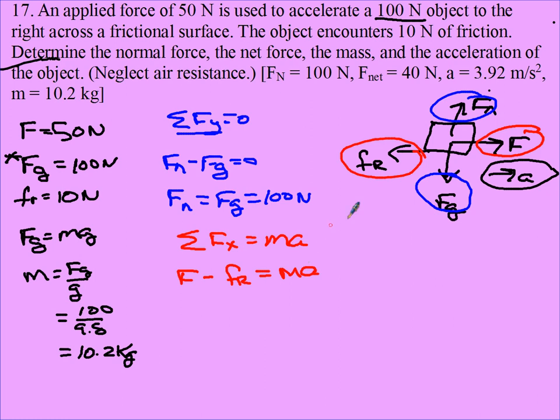Now this is kind of interesting. Whenever I give you the force, like I've given you F and friction, I can find the net force. So F net, in this case, is going to be F minus friction. So this is going to be 50 minus 10, or 40 newtons.